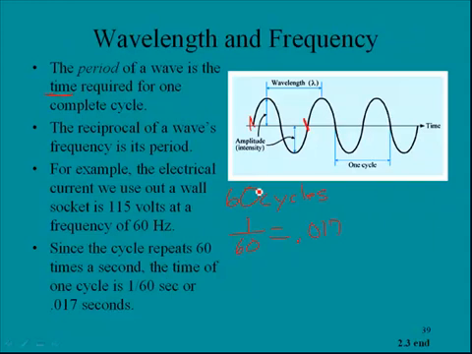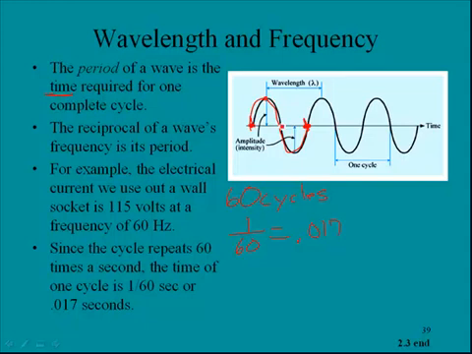And something I might mention here is that when we evaluate one cycle, you can start at any point, but you have to start at one point and go to that same point in the next wave. So we could say one cycle is the time from here to right here. Likewise, we could have said the time of a wavelength. I mean, it's the same thing.